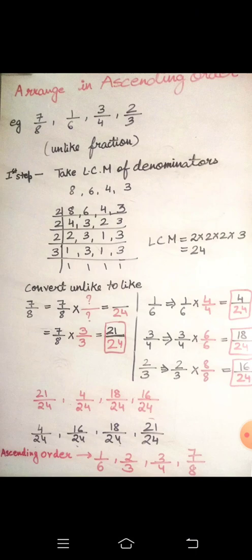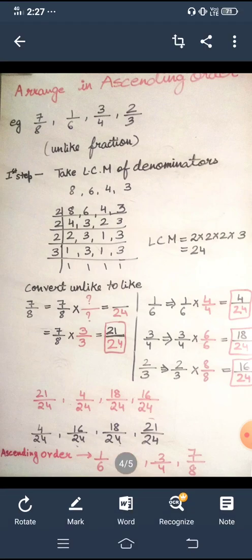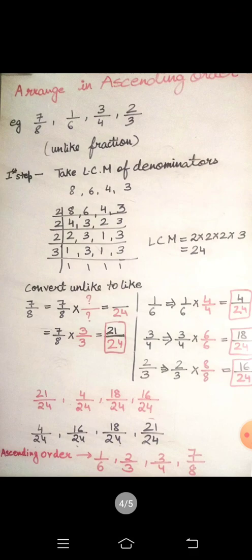In this part I have used the long division method, in which I'll take all the numbers equally and I will start solving. Now what will you see? You see that LCM is 24.